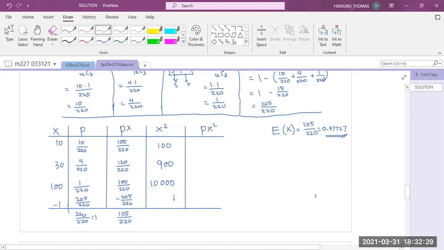And 1 squared is just 1. Each is multiplied by the probability.